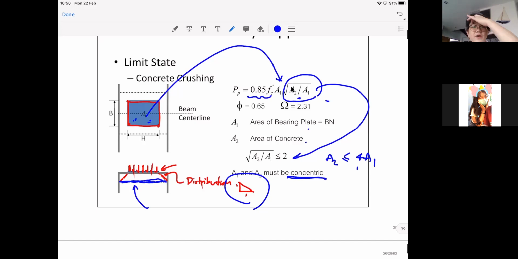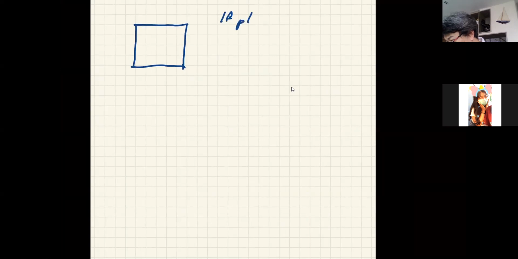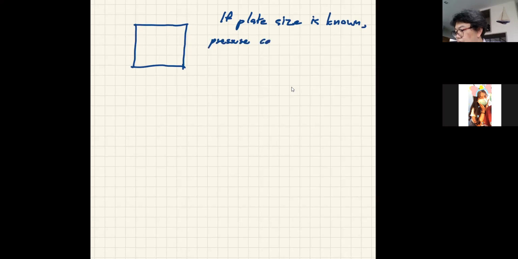So now, after you know the size of the plate, you should be able to calculate the pressure, right? So let's say if the plate size is known, pressure can be calculated.